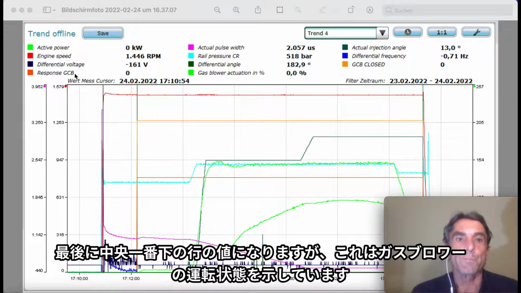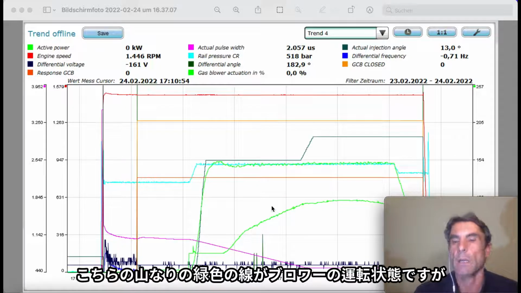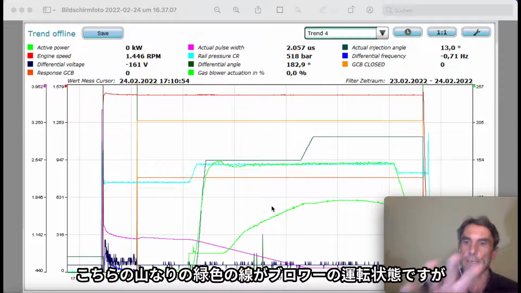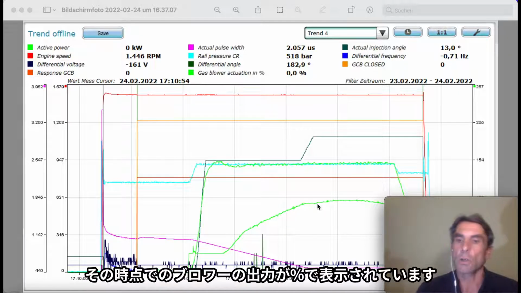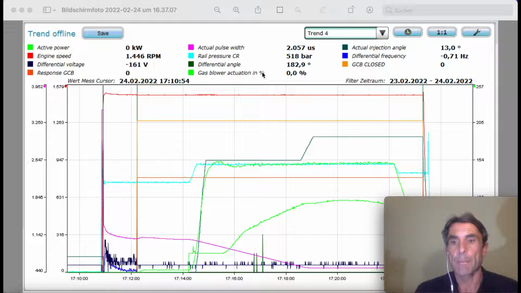And then last but not least, in almost the same green, we have the gas blower, because on this trend we are operating in gas mode, so I can show you the gas blower control. The gas blower control is in percent. As we know, the gas blower operates at a maximum speed of 50 Hertz.